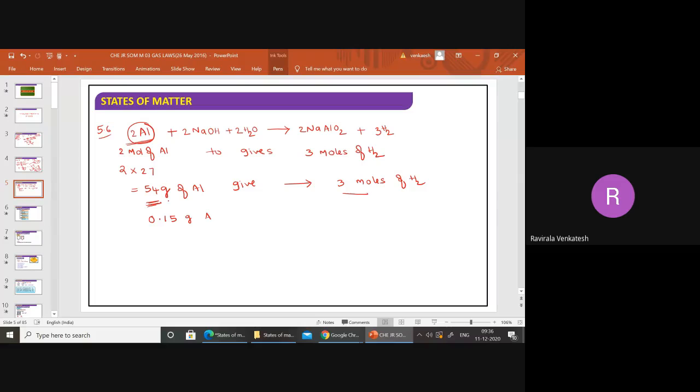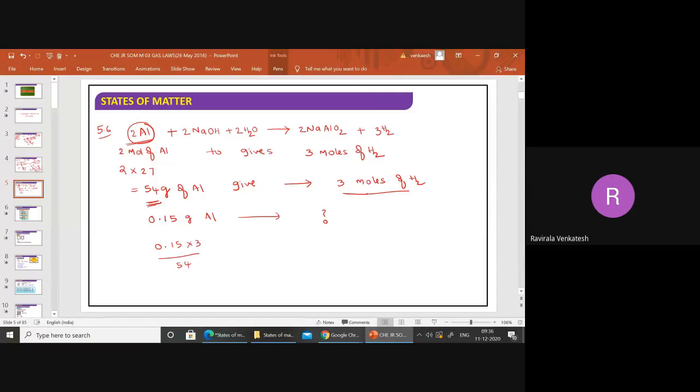Now 54 grams of aluminium is releasing 3 moles of hydrogen, then 0.15 grams of aluminium will release how much hydrogen? Now we'll take 0.15 into 3 divided by 54. Okay.